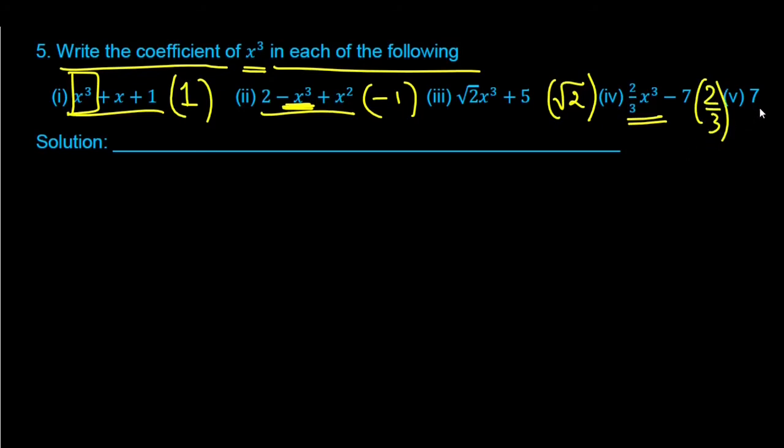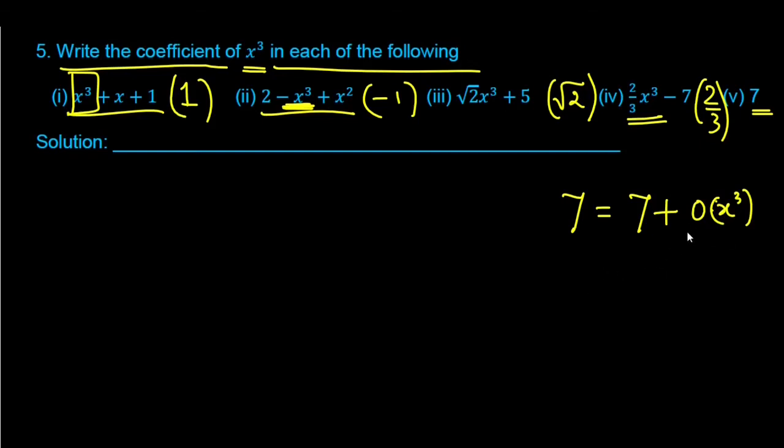And in 7, only a constant is given. There is no x cube term. So this 7 can be written as 7 plus 0 into x cube.